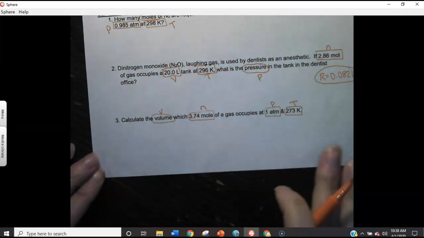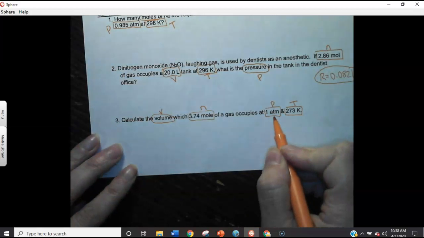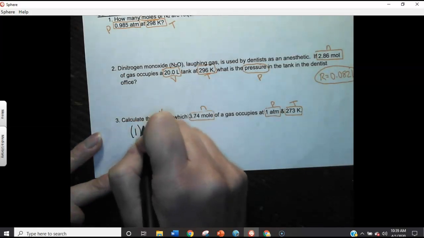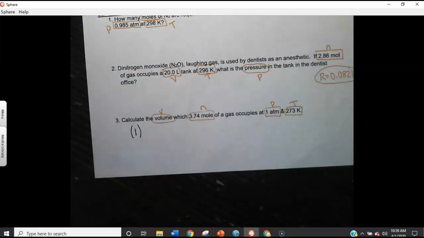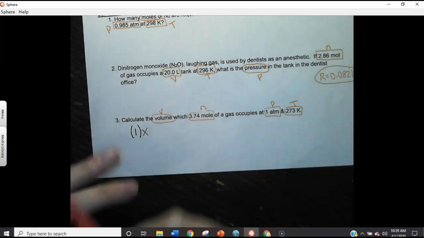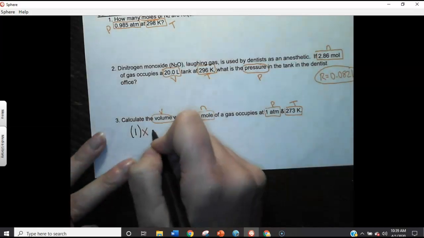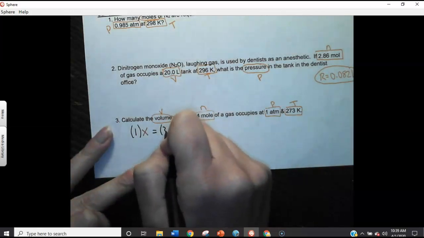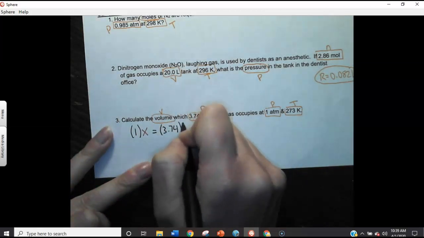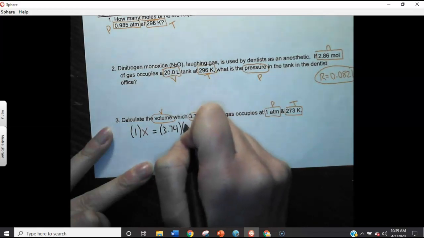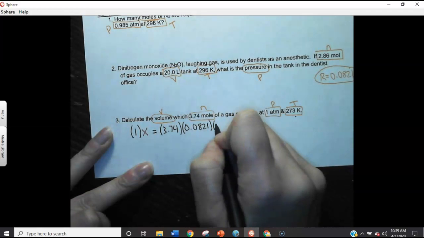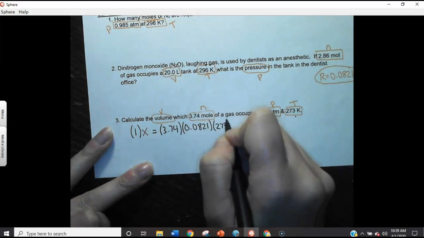So for my equation, PV equals nRT, I'm going to plug in a different color. 1 for my pressure times volume, which I don't know, so we'll plug in X for that, equals nRT. So I've got 3.74 times my ideal gas constant times the temperature they gave me, 273.